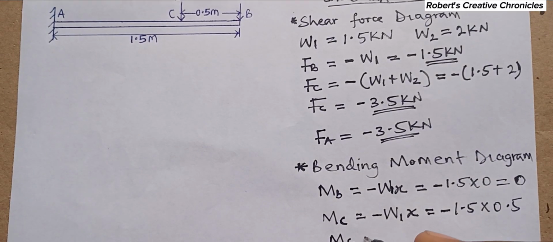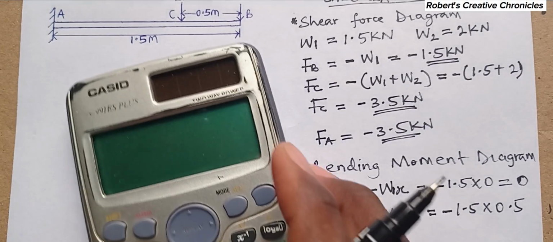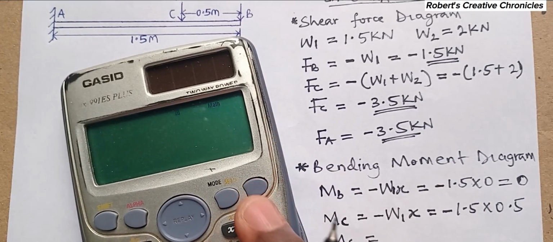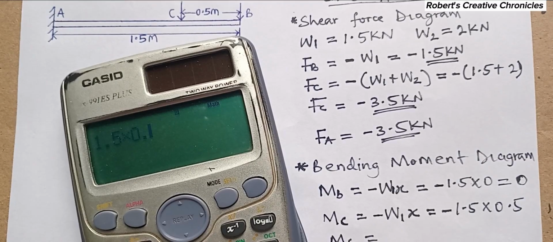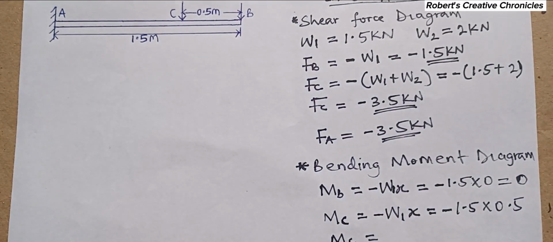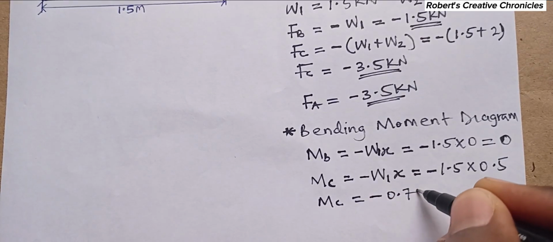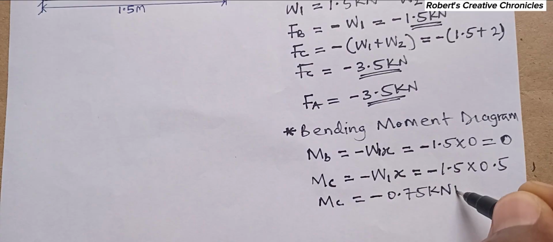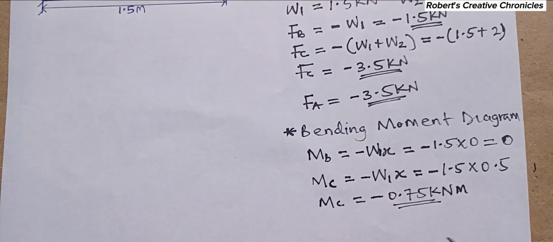So my MC is 1.5 times 0.5, which is 0.75. Negative 0.75 kilonewton meter, since it's bending moment. So this is my bending moment at point C.